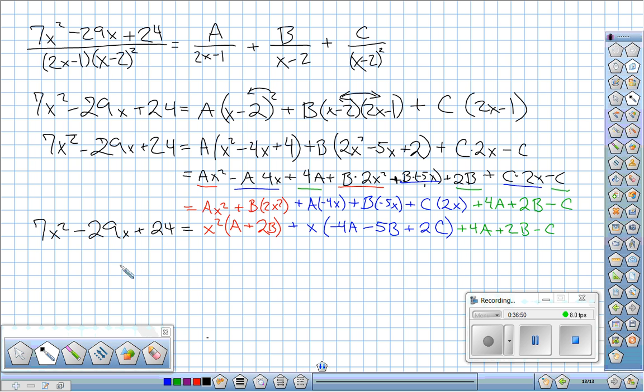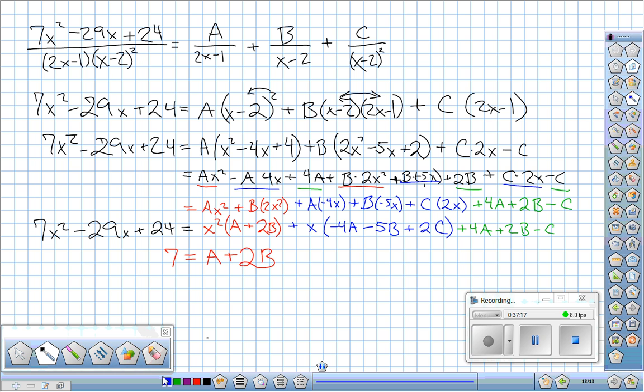Now basically my systems of equations is going to look something along the lines of I have something x squared here and here. I have something x here and here. So basically what it amounts to is that I will have to have 7 equal a plus 2b, because 7 is times x squared.